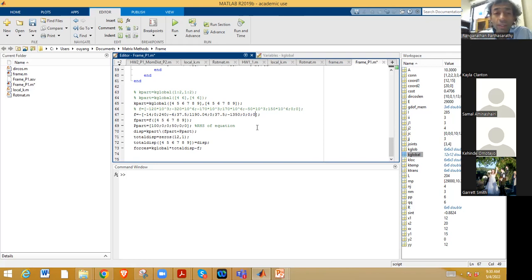There we go. And this F partition is the same.